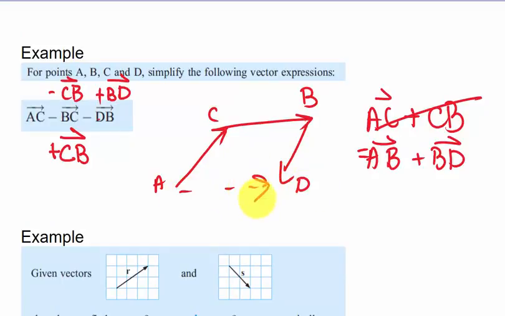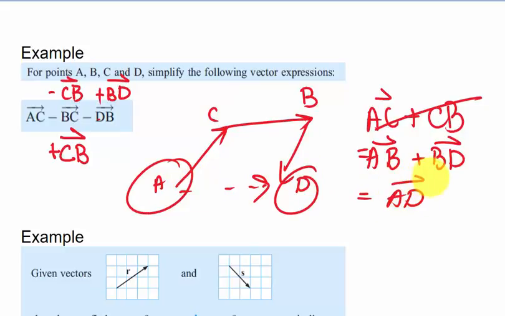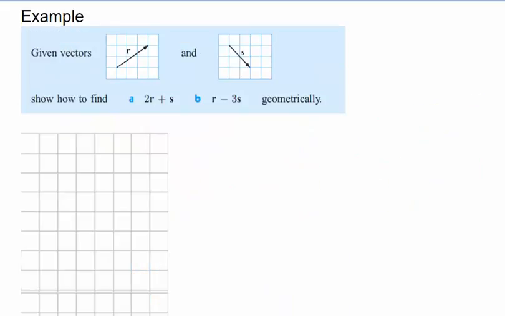Well, then what do I really have as my answer? Well, I have AD. So what I want to show you is that as long as the tip of the first vector is the same as the tail of the next vector, then the new vector is the outside letters.